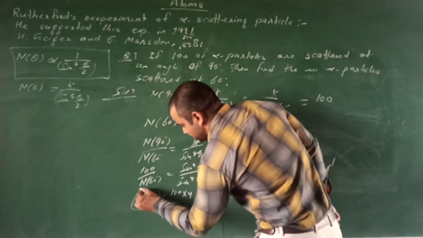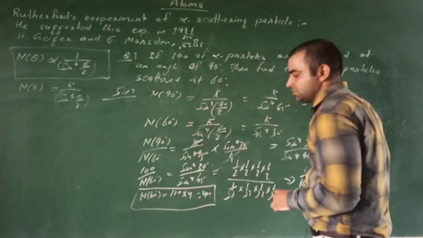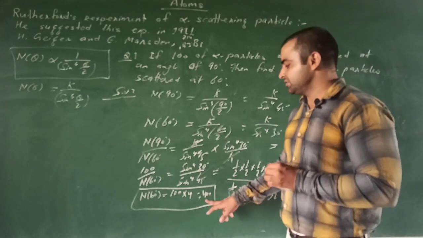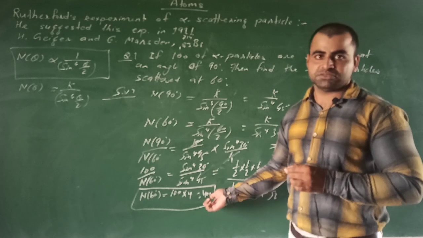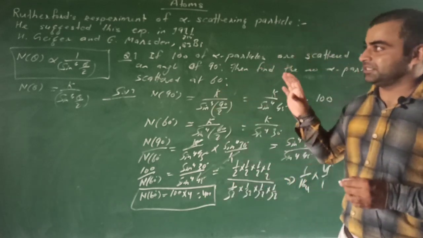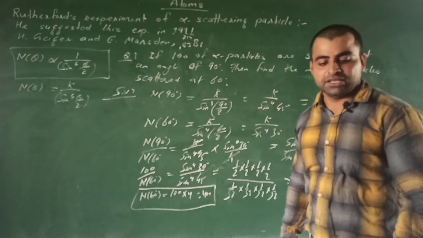So the number of alpha particles scattered at an angle of 60 degrees will be 400. Is it easy or not? Write in the comment box.